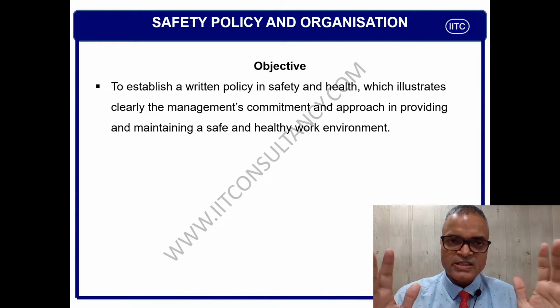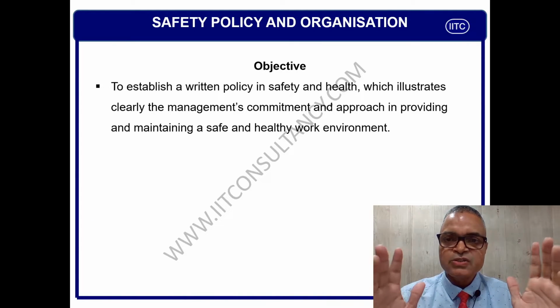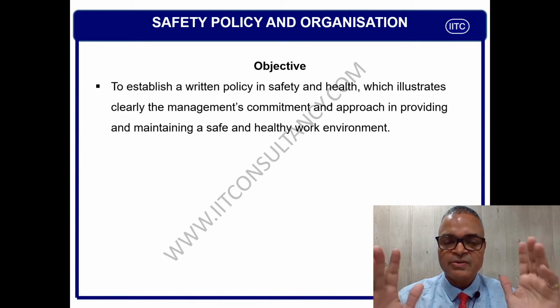Now guys, let us understand safety policy and organization. What is the objective of safety policy? To establish a written policy in safety and health which illustrates clearly the management's commitment and approach in providing and maintaining a safe and healthy work environment.